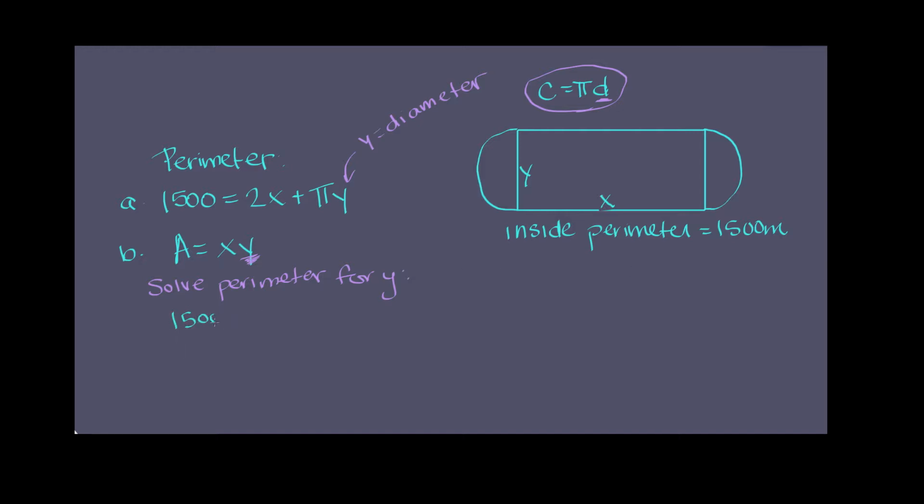That looks like we'll have 1,500 minus 2x equals pi times y. Divide everything by pi, and we end up with 1,500 minus 2x all over pi.